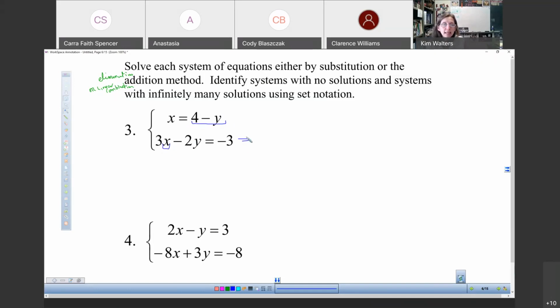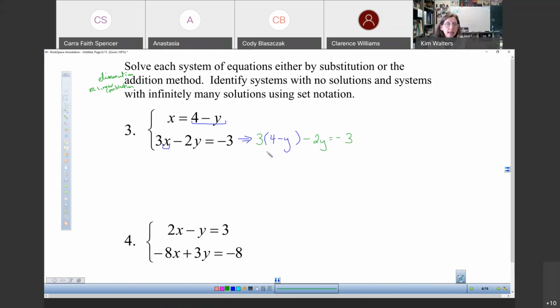So my second equation, I'm now going to write as 3 times, and in place of this x, I'm going to drop in 4 minus y. And then I'm going to continue with my equation, minus 2y is equal to negative 3. So literally, I'm substituting this x as 4 minus y into this equation, replacing x.